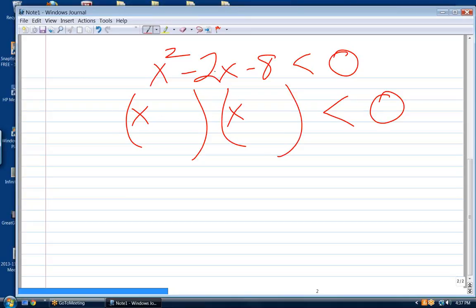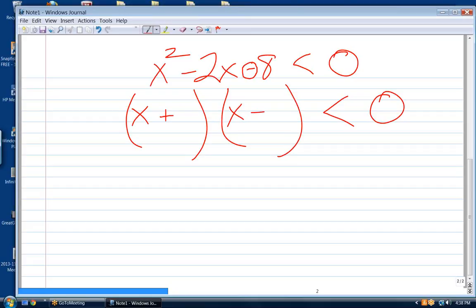So you know how to factor this, or you want me to go through the steps? Isn't it negative 2 and 4? Well, it's negative 4 and plus 2. But let's go back and see how we got that. First of all, it's x and x. That's clear enough. The fact that it's minus 8 means the signs have to be opposite.